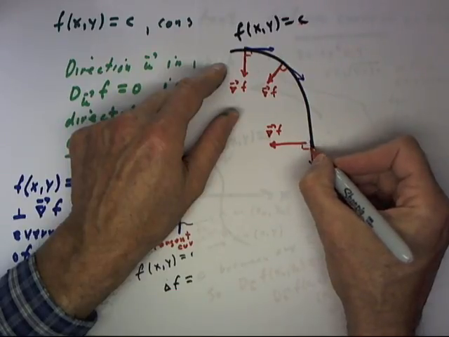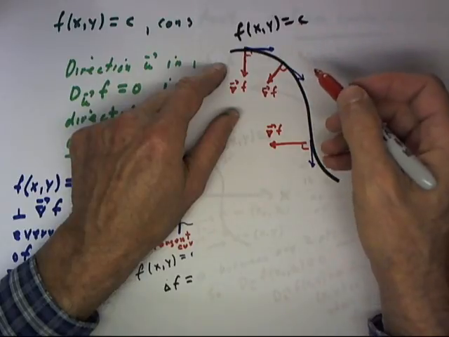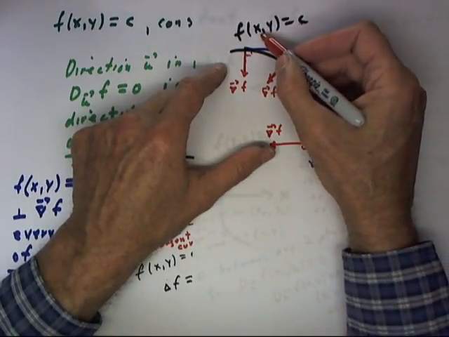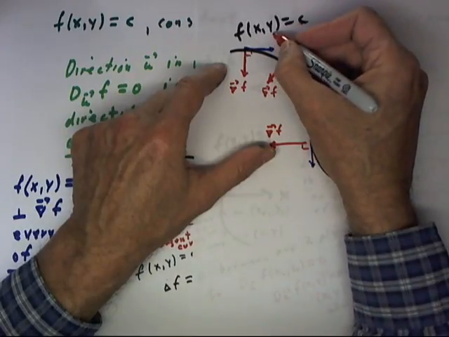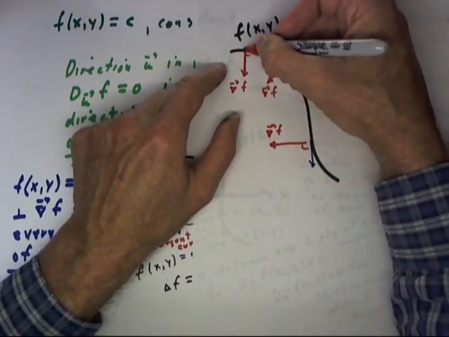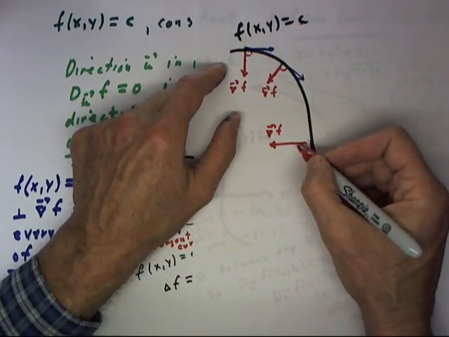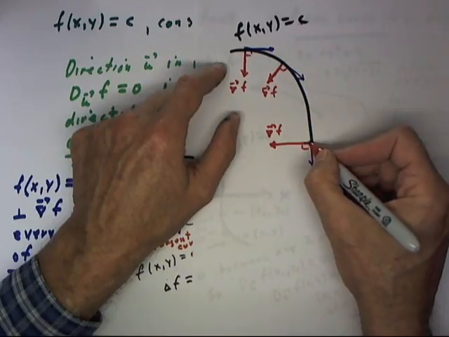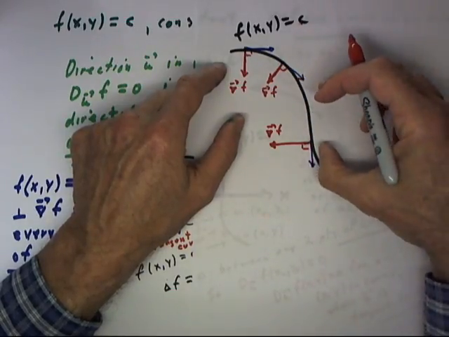At every point, the gradient is perpendicular to the tangent vector, which means that at every point, if we move in the direction of the tangent vector, the value of our function f of xy stays constant. And if we move in the direction perpendicular, we're going to have a direction in which the magnitude of the function changes at a maximum rate.